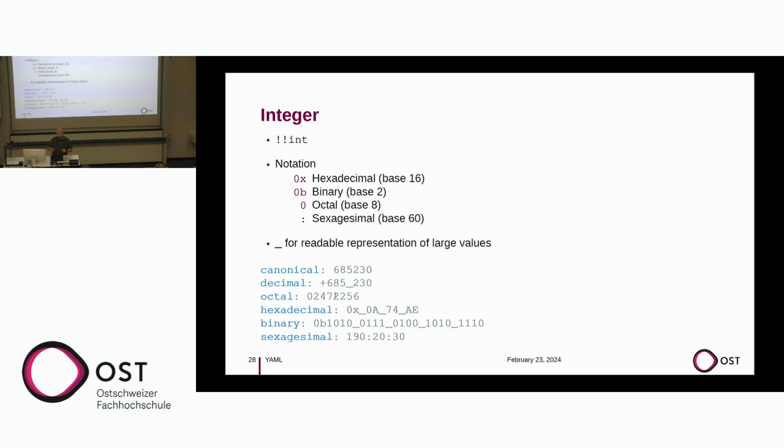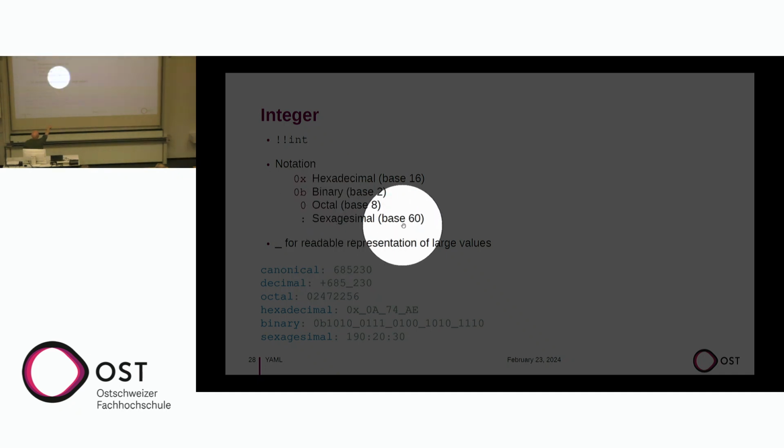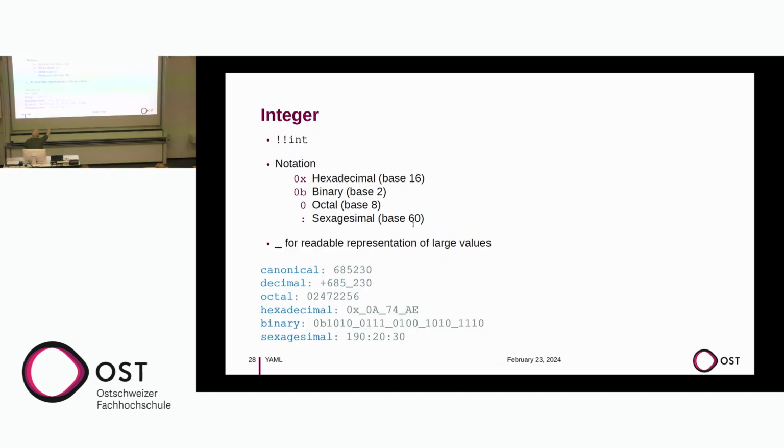The same or even worse is the sexagesimal, base 60. Kind of handy if you have a timestamp in minutes and seconds and you want to have seconds. You can just write 13 colon 20 and then it will convert into seconds as an integer.